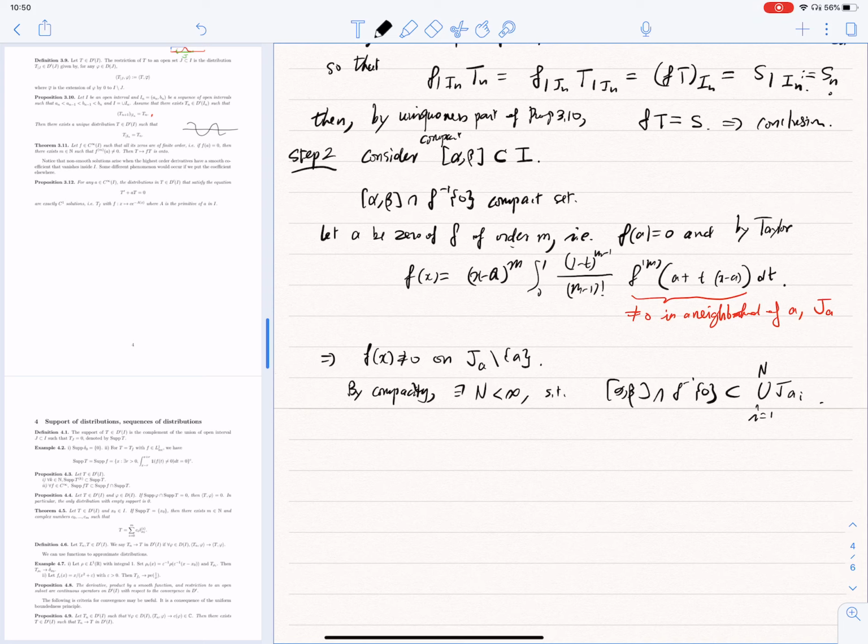many. Why is that? Which means that there are only finitely many zeros. Because outside of the interval, because f(x) is different from 0 for any point which is not in the union of the J_{a_i}.